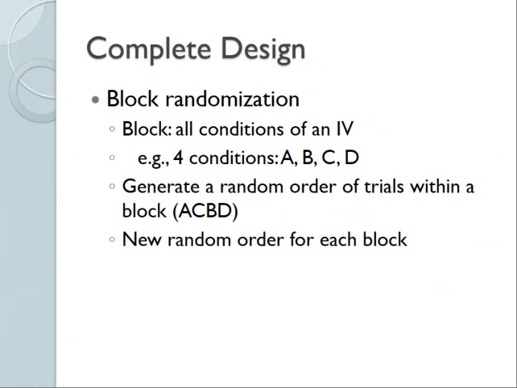Okay, so here the order of the conditions for each participant in a complete design. Let's use the example from the textbook, where you're showing people pictures of an emotional face.